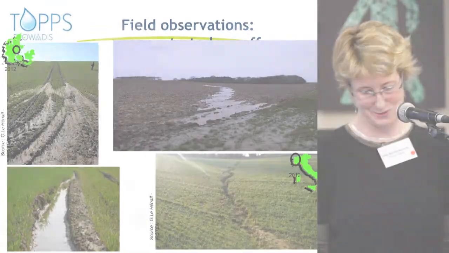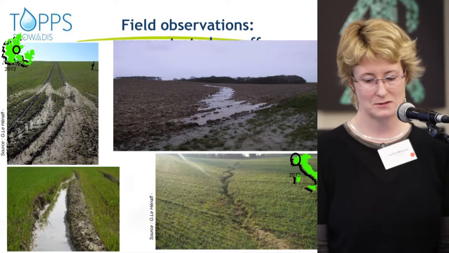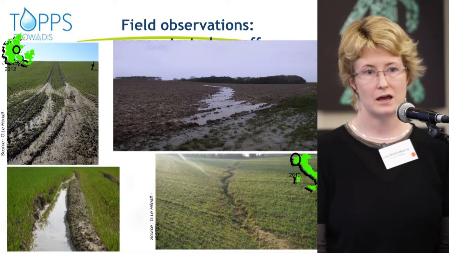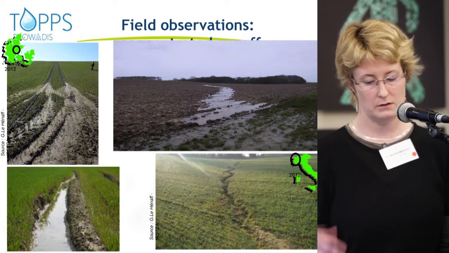So we have seen all the data needed to identify water pathways. Let's now make clear what runoff looks like on the field. I have chosen some pictures to illustrate. On the left side of the screen, you have concentrated runoff in tram lines, aggravated by the slope, on the top.